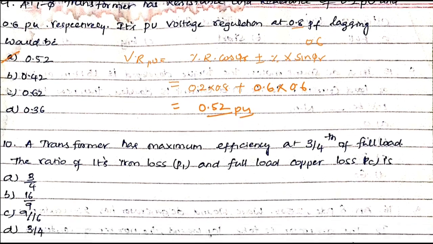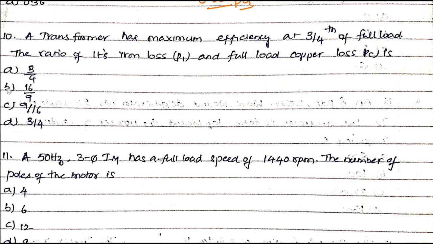Next one, a standard question in transformers. The transformer has maximum efficiency at 3/4 of its full load. The ratio of its iron losses and the full load copper losses will be. So x will be equal to the full load kVA into square root of Pi by Pc.